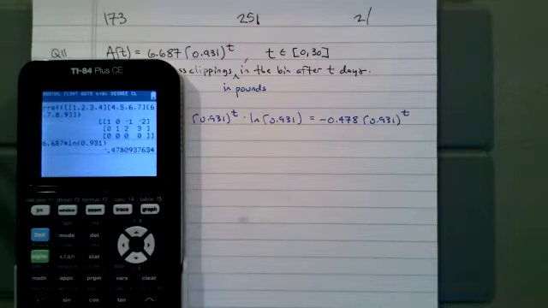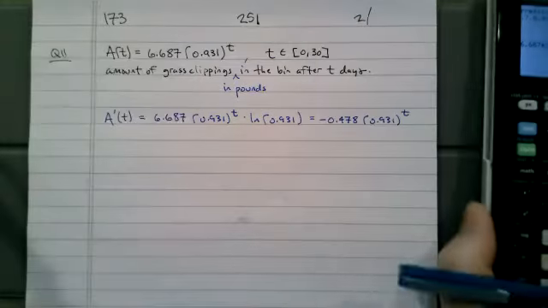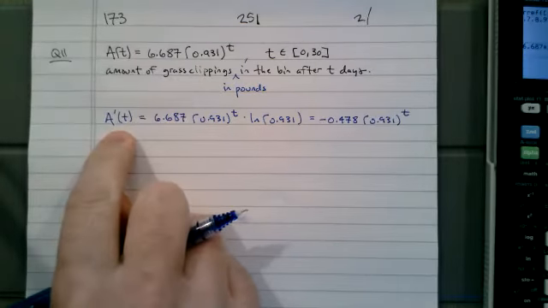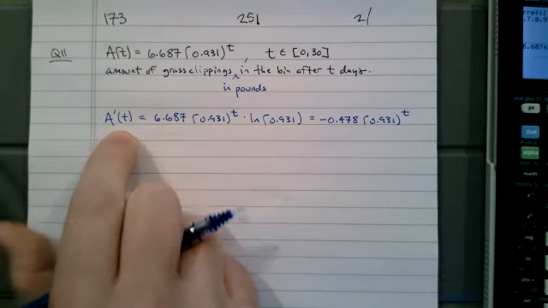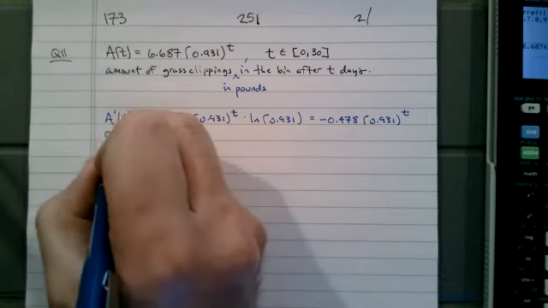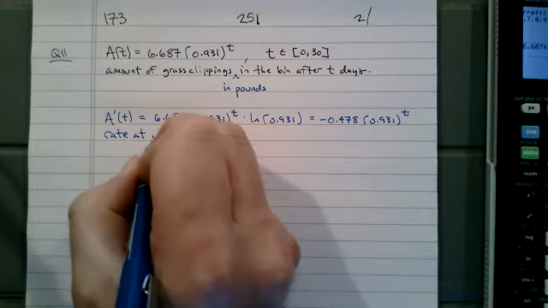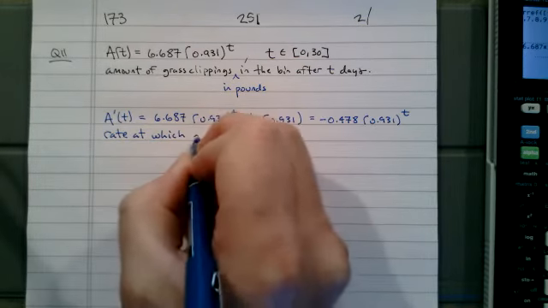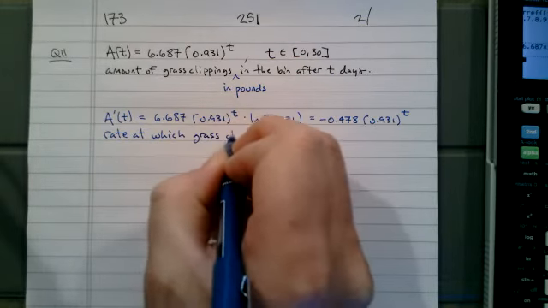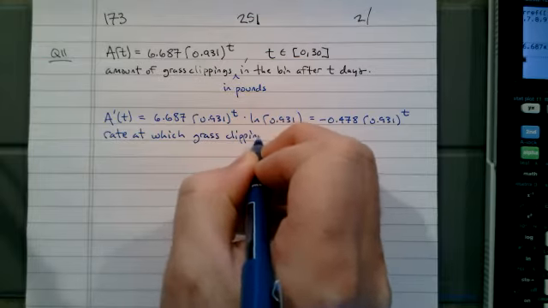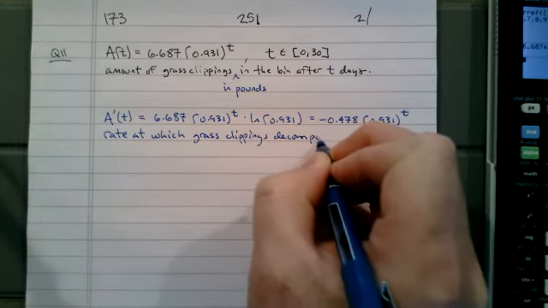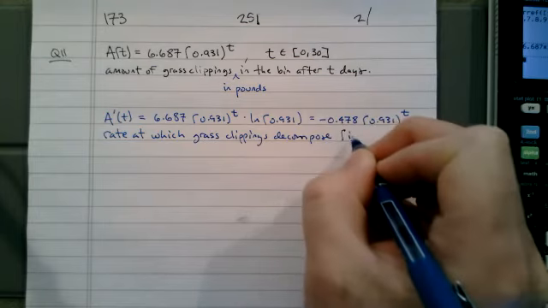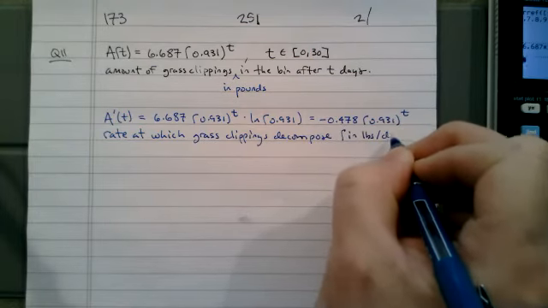It makes sense that we got a negative number because this is a decreasing exponential function. And so the derivative will be the rate at which the grass clippings decompose, measured in pounds per day.